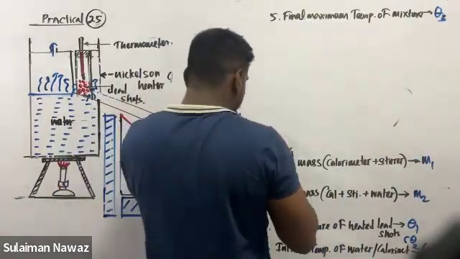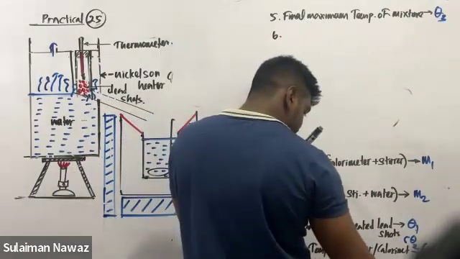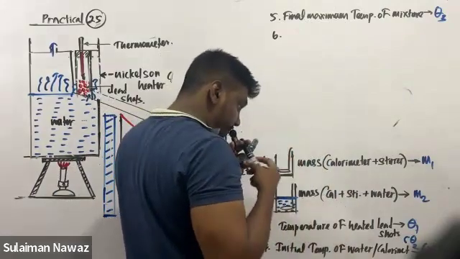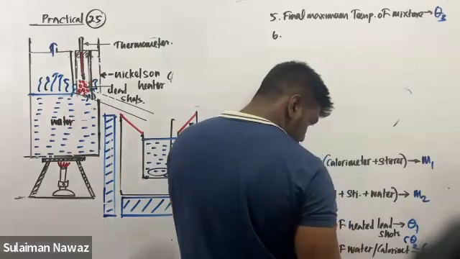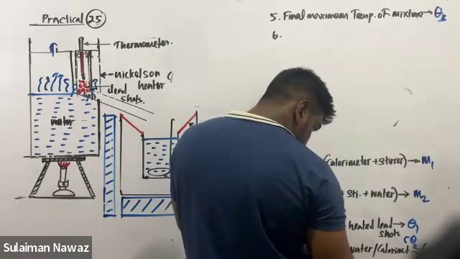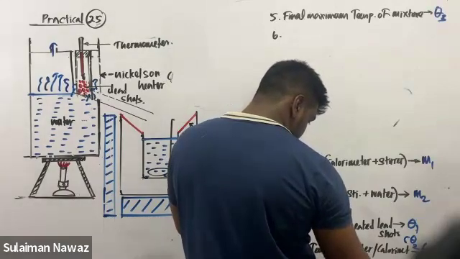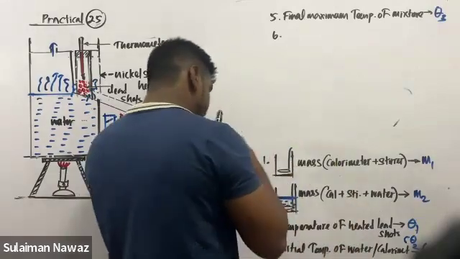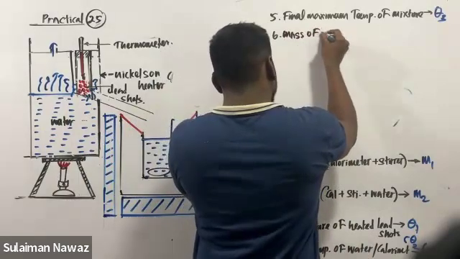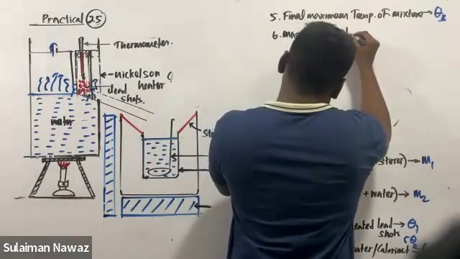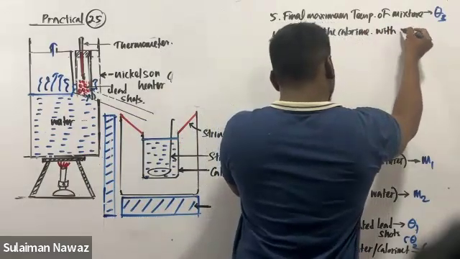Then the sixth one. What is the sixth one? Mass of the calorimeter with the mixture, if not mass of the calorimeter with the lead shots, whatever. Mass of the calorimeter with the mixture, or with lead shots.